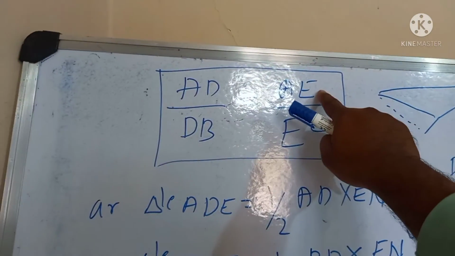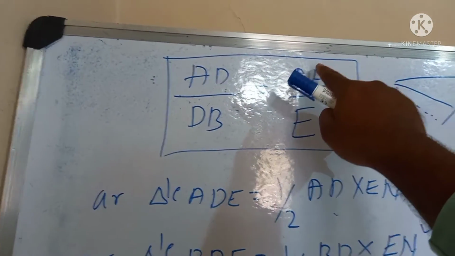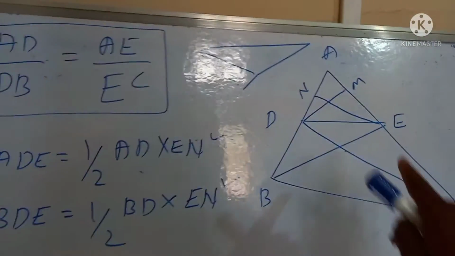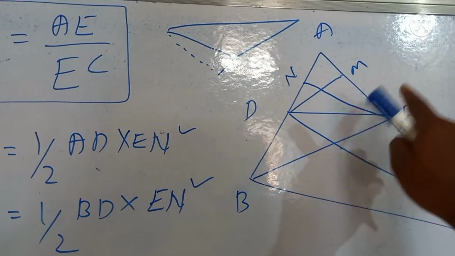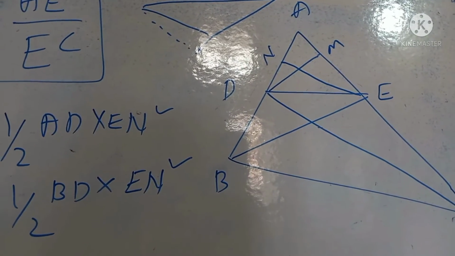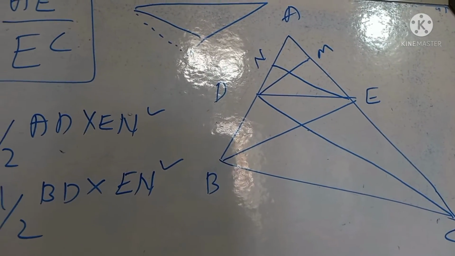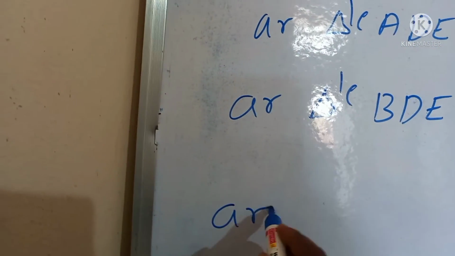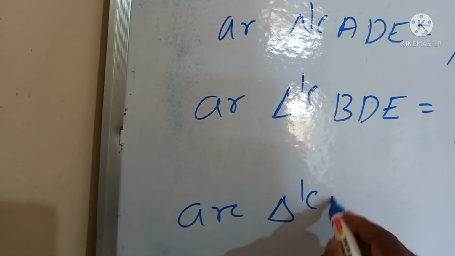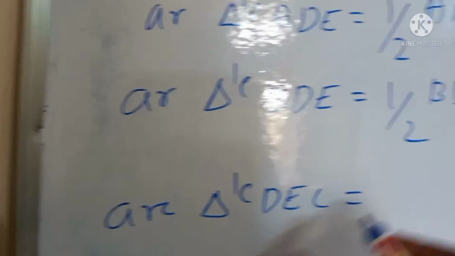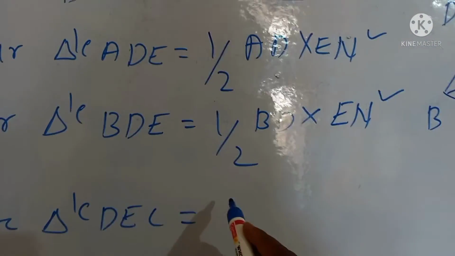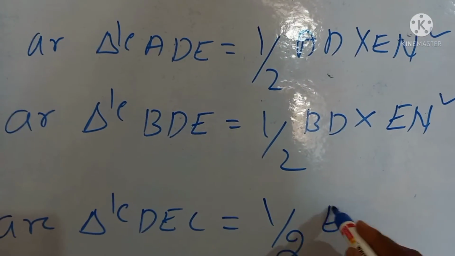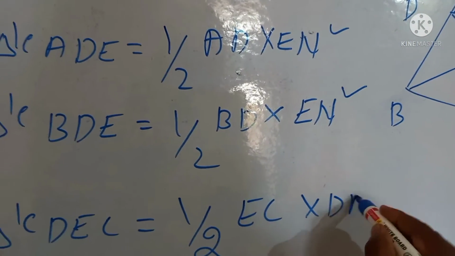Next, our aim is to get the area of this triangle and then AC. So where is AE? AE is here. For that reason I am choosing the area of the triangle DEC. Area of triangle DEC is 1 by 2 EC into DM.